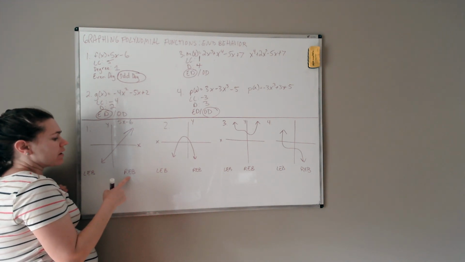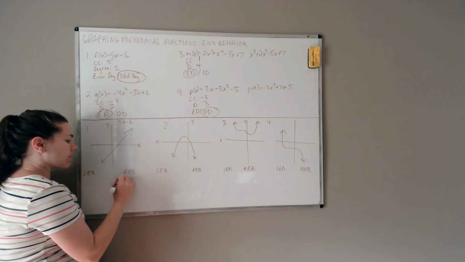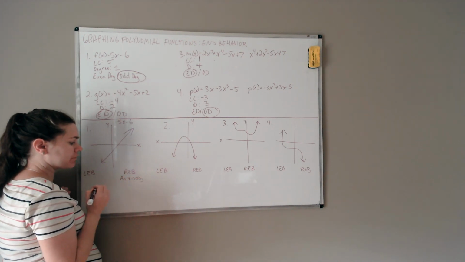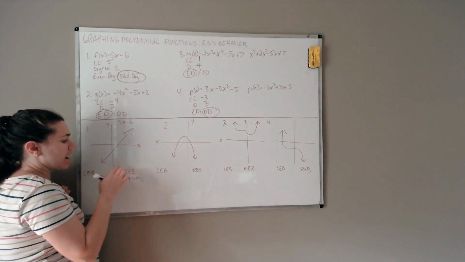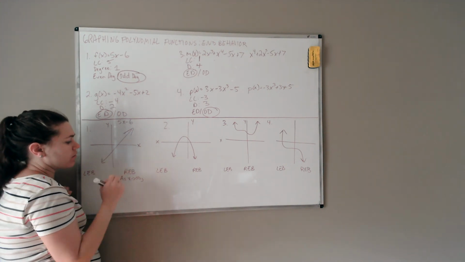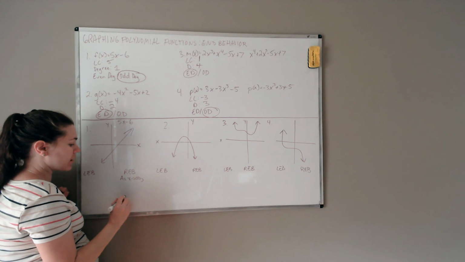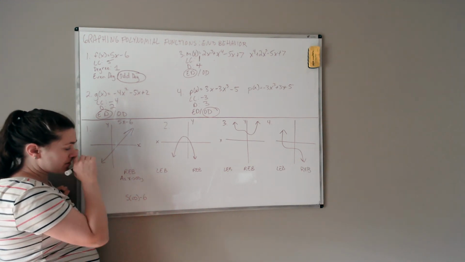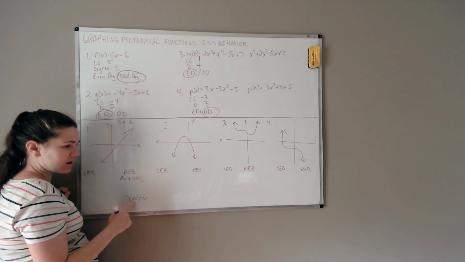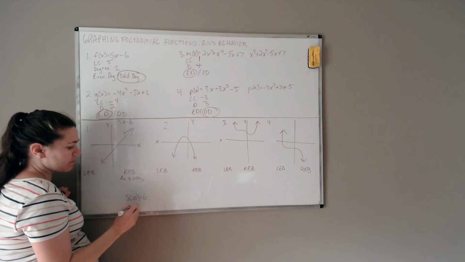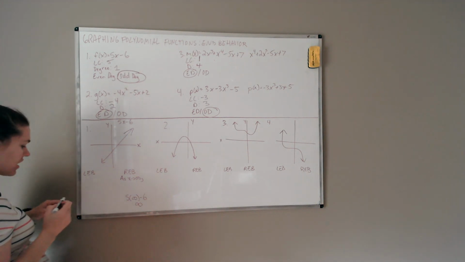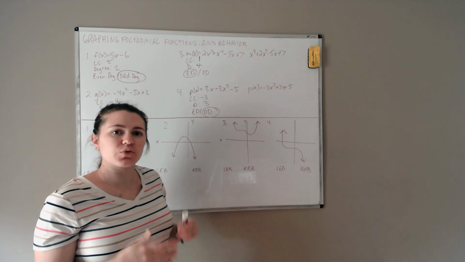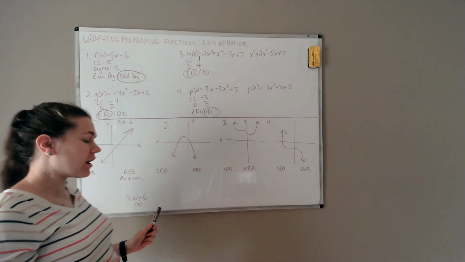If I wrote that out, that would be as x approaches positive infinity, so as x goes out to the right, what is your y doing? Well, if we input positive infinity, 5 times infinity minus 6 is going to be roughly positive infinity. A really, really massive number times 5 minus 6 will still be a really, really massive positive number.